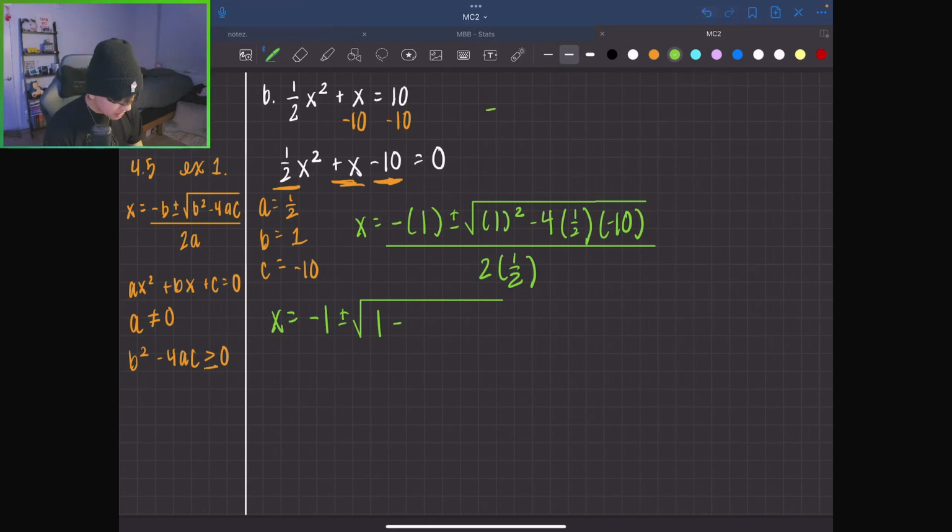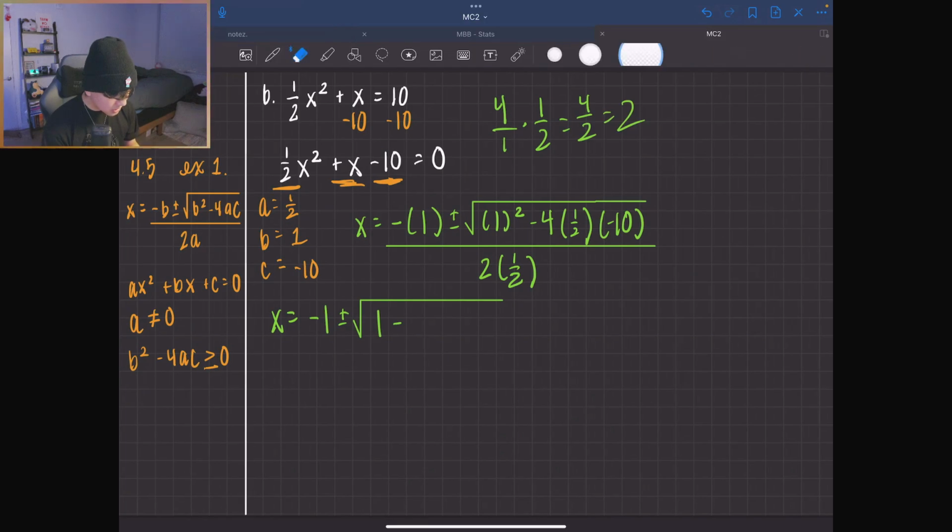So 4 times 1/2 is the same thing as 4 over 1 times 1/2. And what is that? We multiply across. So 4 over 2, which is just 2. So now this is going to be 2 times -10.